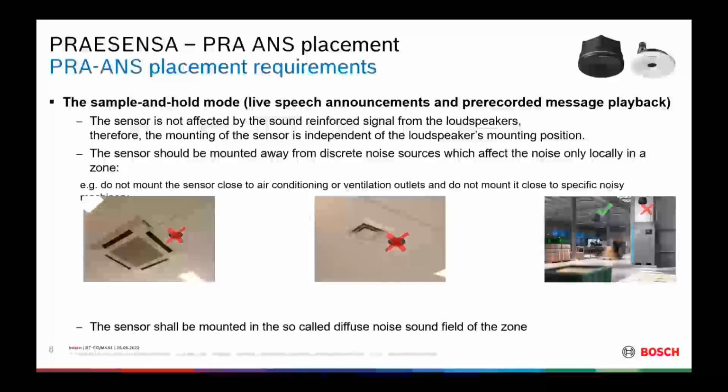In general, you could say the noise sensors should be mounted in the so-called diffuse sound field of the zone, the diffuse noise sound field, which is our reference for how to influence the level of the broadcasted audio signal.